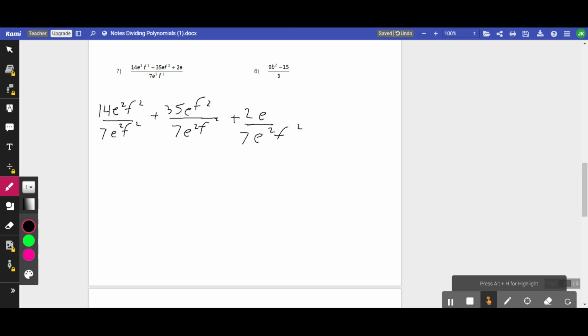And then remember, you can simplify next here. So you can simplify the 14 over 7, so that'd give you 2 over 1, or just 2 to start. And then, so I'll put the 2 here.